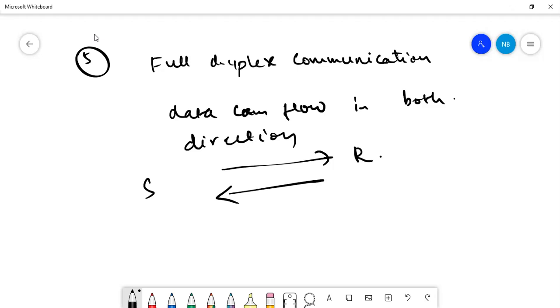So these are the services which are provided by the TCP.